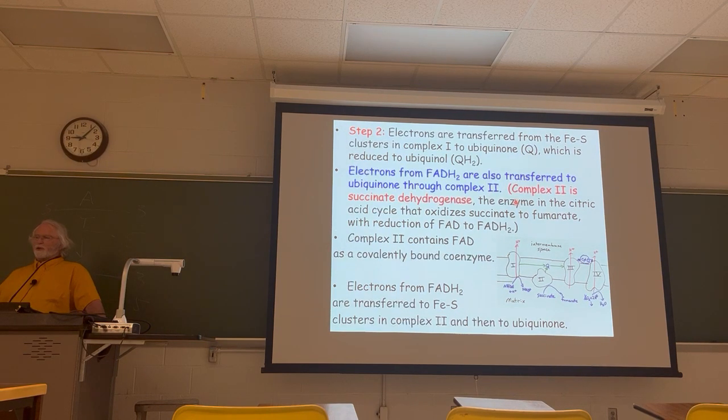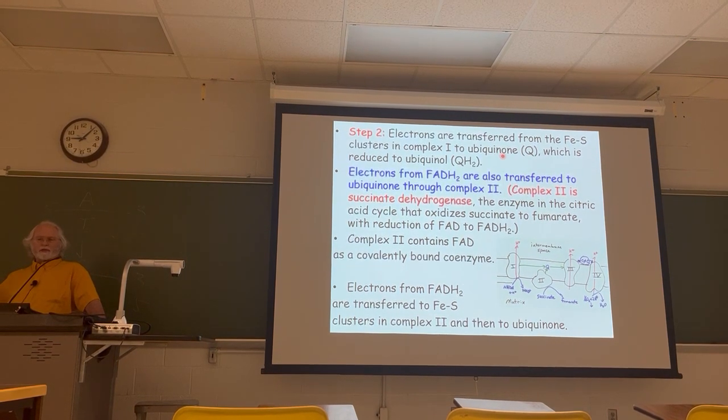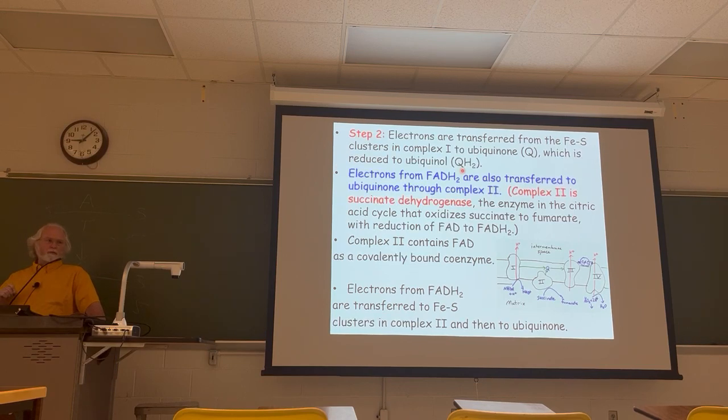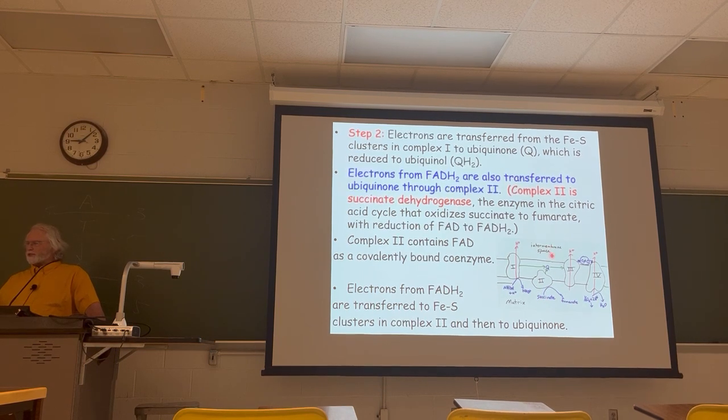Okay. So in step 2, the iron sulfur clusters are going to donate those electrons to ubiquinone and reduce it to ubiquinol. And that happens also with electrons from FADH2. So electrons from FADH2 are produced in the citric acid cycle by the enzyme succinate dehydrogenase.